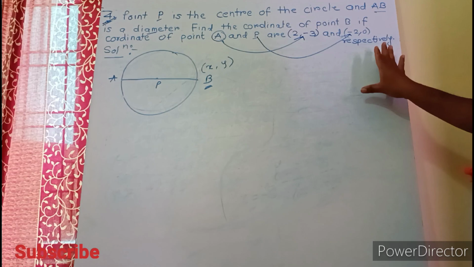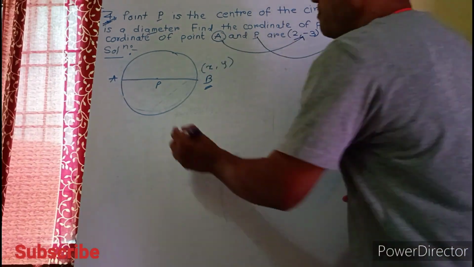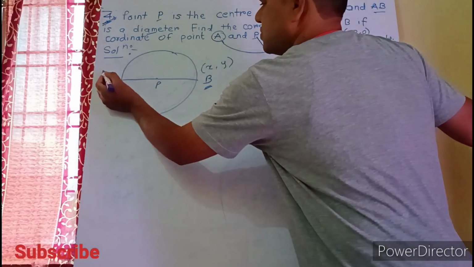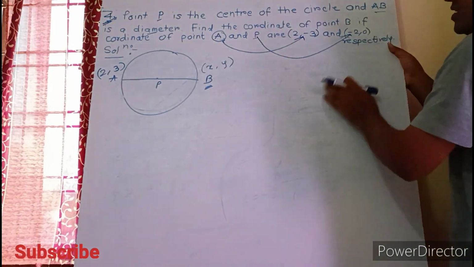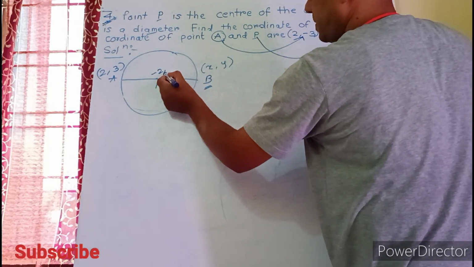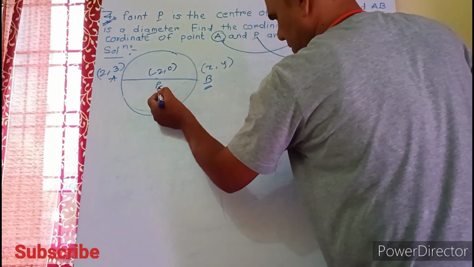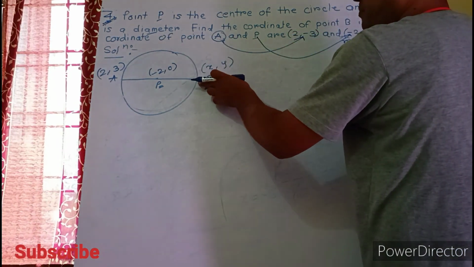Now let us consider that point A has coordinate (2, -3) and (-2, 0) are the coordinates of point P. Now we have to find the coordinate of point B.